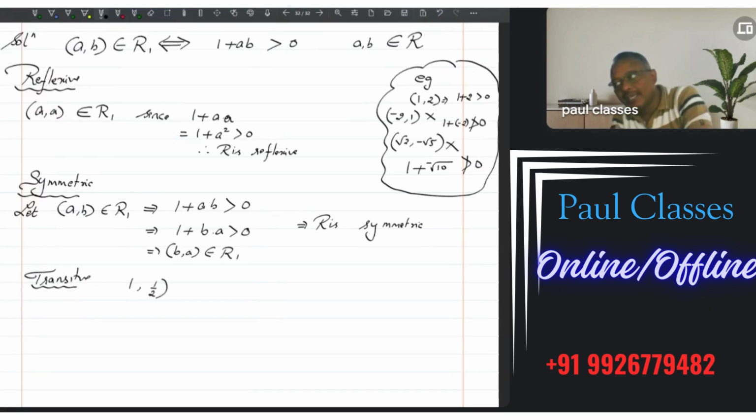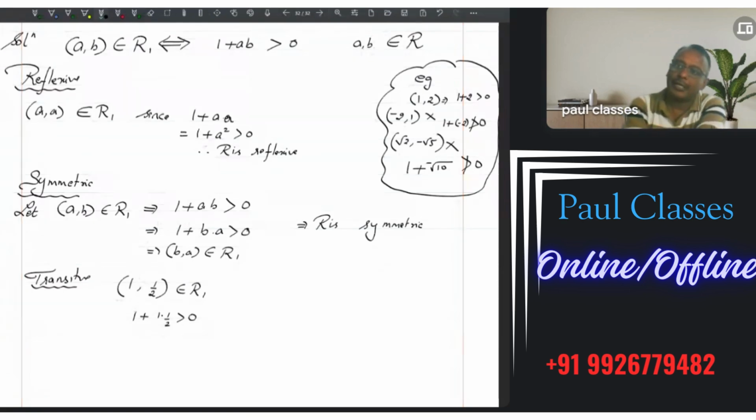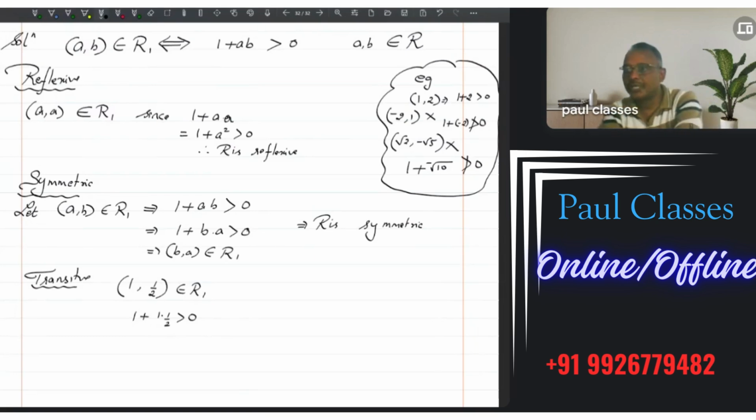See, 1, 1/2, is it in R1? Why do you say so? Speak up. Because 1 plus 1 into 1/2 is surely a number greater than 0. Okay? 1/2 comma minus 1.